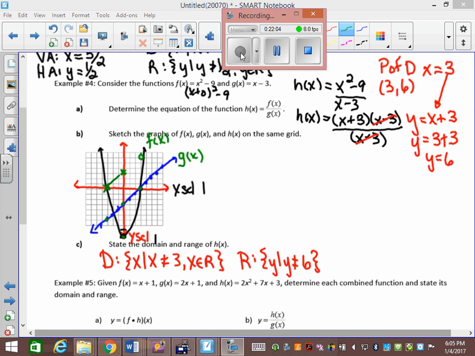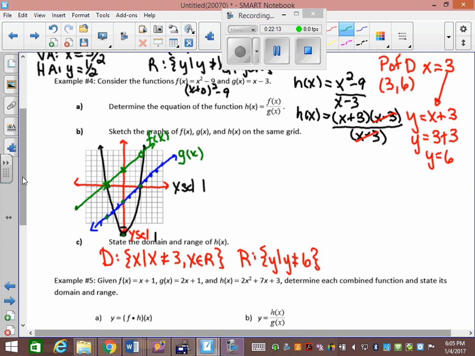So that's how we get that line and that point of discontinuity, rather than physically drawing the line y equals x plus 3 and then just writing our point of discontinuity because we know that. Because sometimes you're not given the equations, you're just given two lines or a parabola and a line, and you have to come up with the new equation. Now remember, wherever the denominator equation has y equals 0, you're going to get an asymptote or a point of discontinuity.